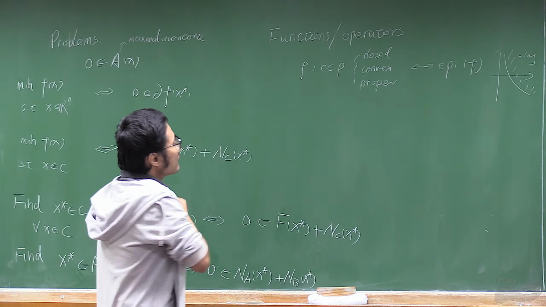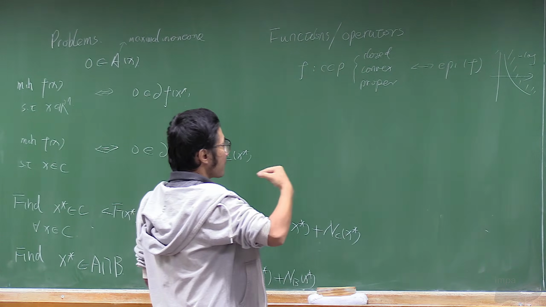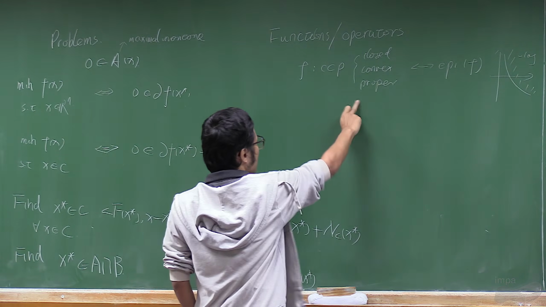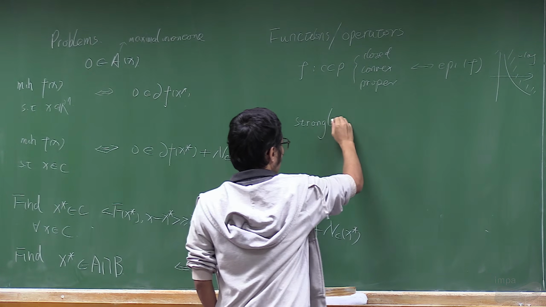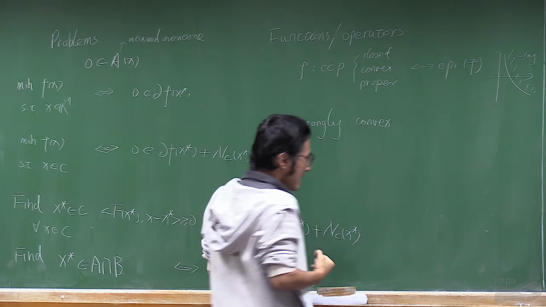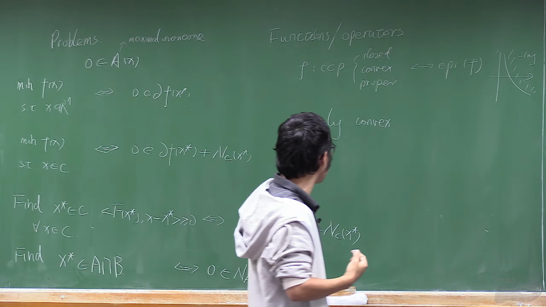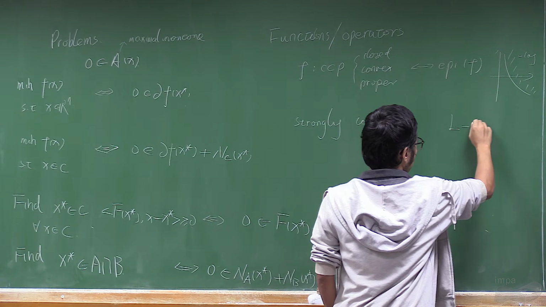After the CCP function, we have discussed another property which is stronger than convex, which is called strongly convex. And also we have discussed another property called L-smooth.